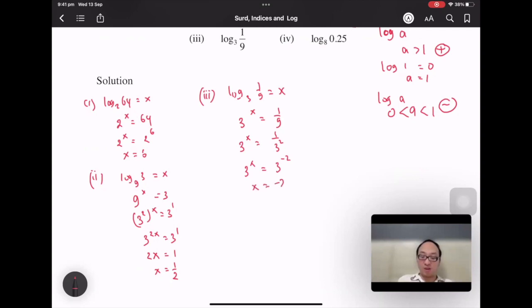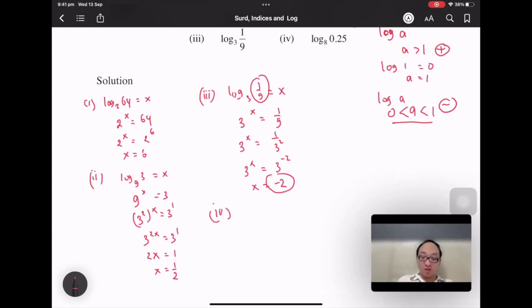So x will be negative 2. See, if the number a here is smaller than 1 but greater than 0, the result will be negative. Here we can see it's proven.